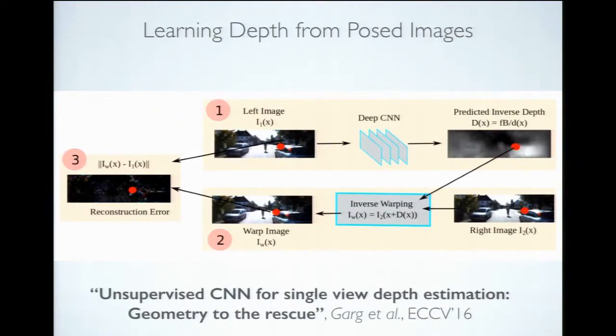Then in ECCV last year, Garg et al. proposed a method that removes the need for the coarse and expensive plane sweep volume representation and learns a single view depth CNN using images taken by a stereo camera during training. The supervision signal, again, comes from the reconstruction error of projecting the right image to the left image based on the predicted depth or disparity.